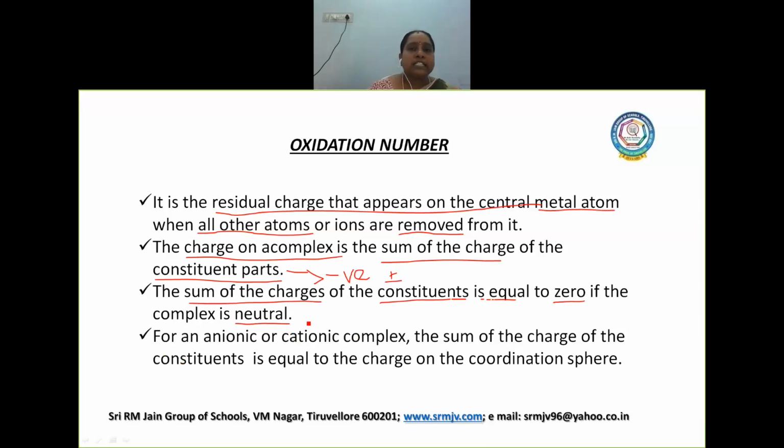When the central metal atom has neutral molecules as ligands, the complex itself will be a neutral complex. So the charge of the complex will be 0, and the central metal atom will also attain a 0 oxidation state.